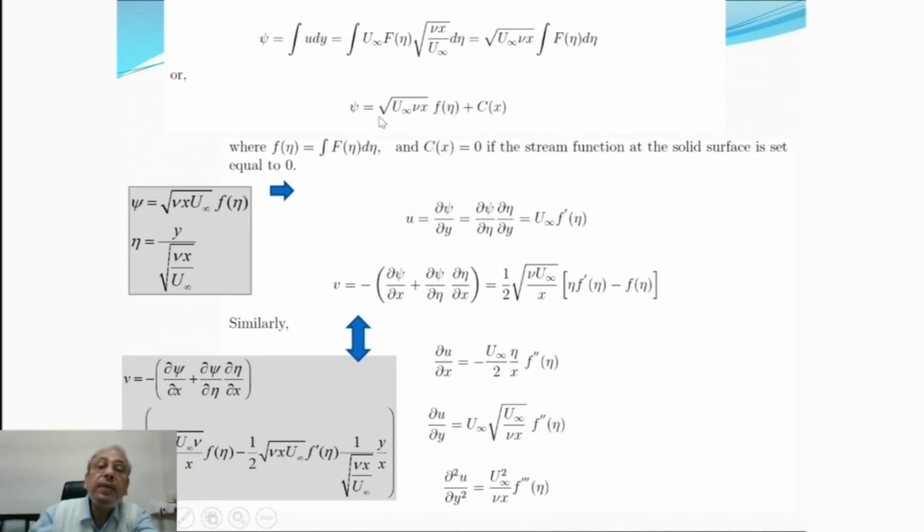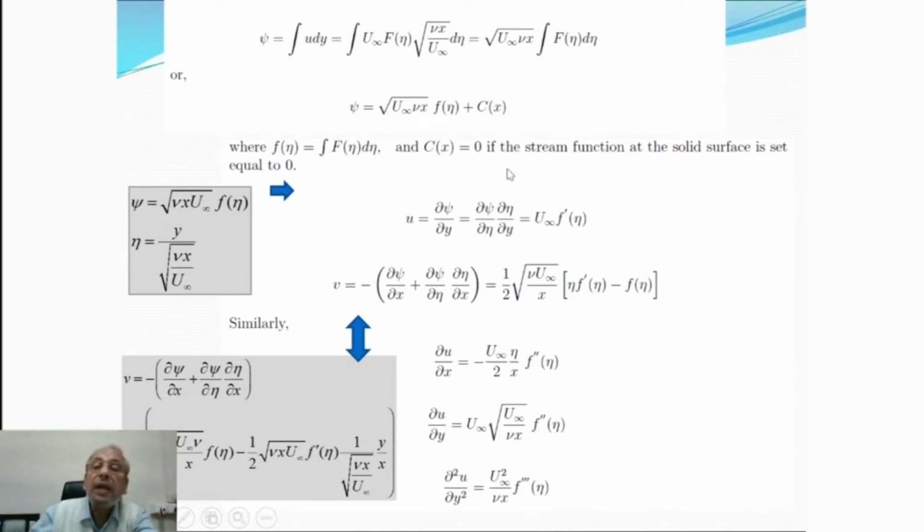So psi equals root over u infinity nu x f of eta plus Cx, the integration constant, where lowercase f of eta equals the integral of uppercase F of eta d eta, and Cx equals 0 if the stream function at the solid surface is set equal to 0.